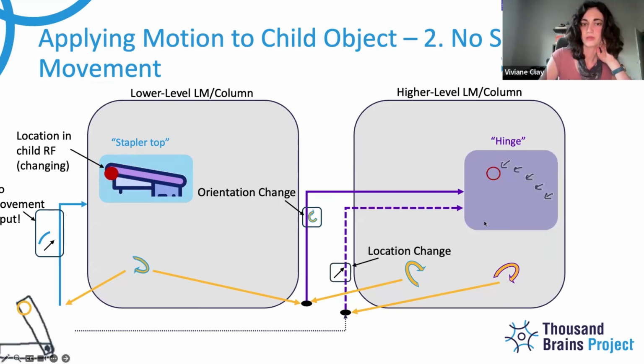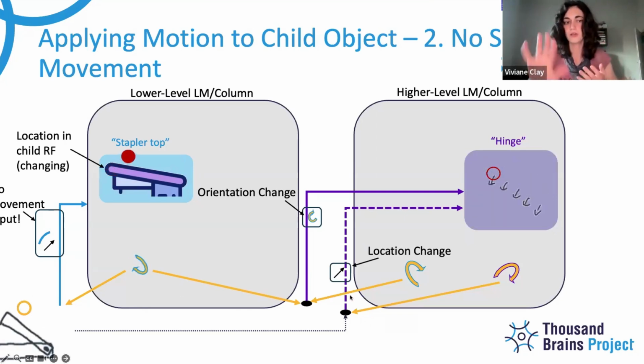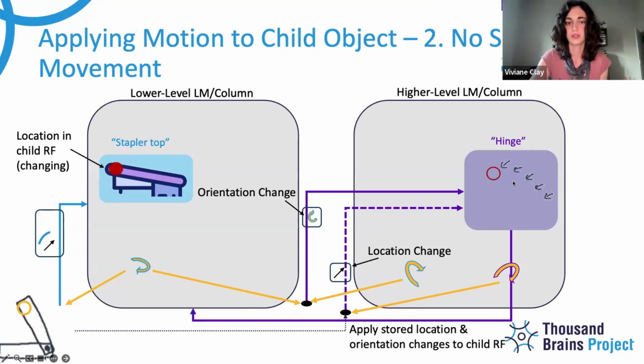We're also not moving in the behavior's reference frame, again, because there's no movement input from the sensor patch because it's static. But the sensor patch is detecting optic flow, so it can detect this kind of local movement, location change of the child object. And that would be stored in this model up here.